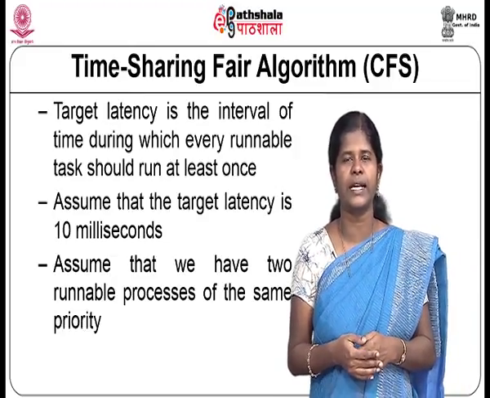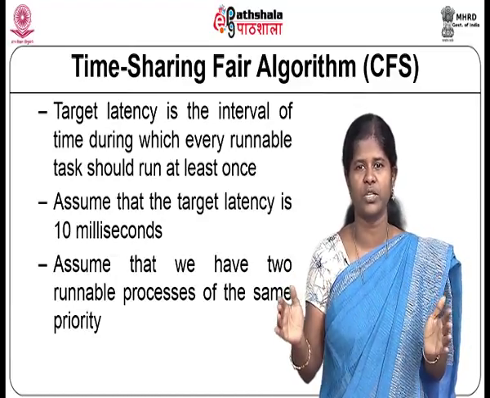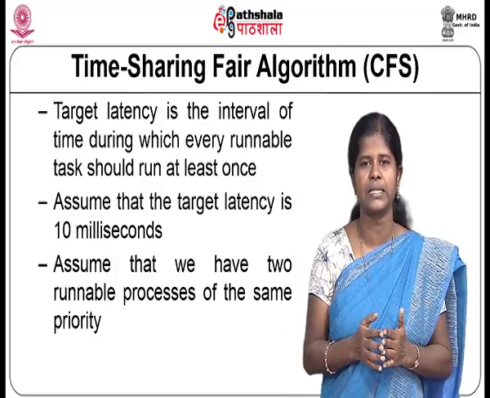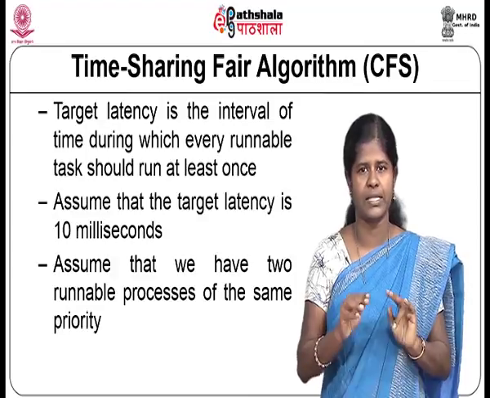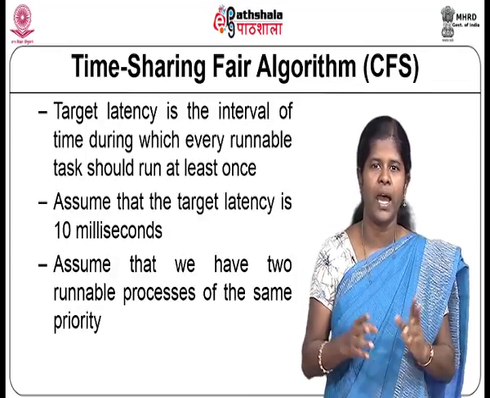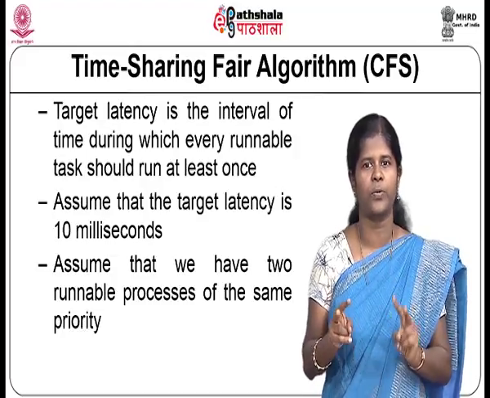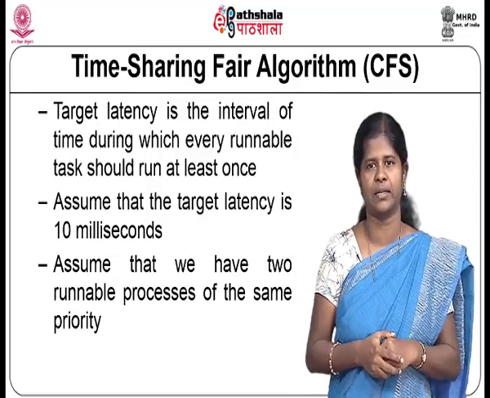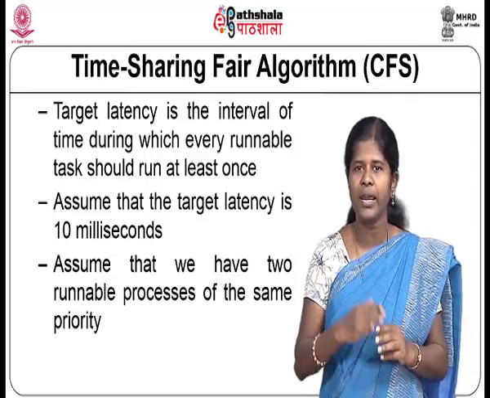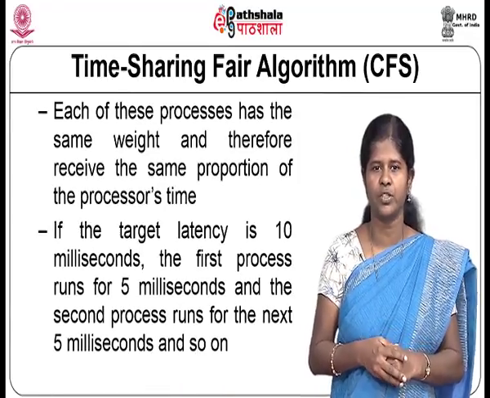Assume that the target latency, or the total time frame, is 10 milliseconds, and you have two runnable processes. Both processes have the same priority and the same weight, and both are waiting to use the CPU, and hence these two processes should run within this time frame of 10 milliseconds. Because they have equal priority, both will get the same time duration to run.